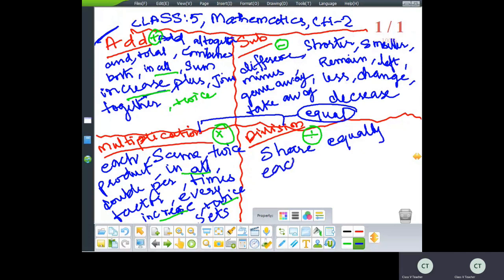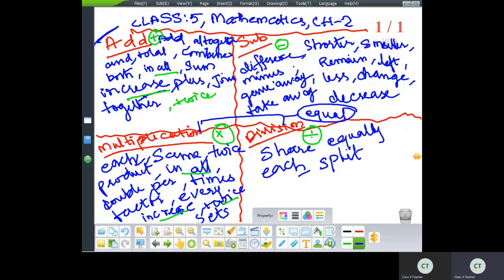Each. Share in multiplication and division. If you have difference, minus, gave away, taken away, less, change, decrease, that means you will do division. When the keywords are twice, increase, plus, join, in all, along with each, you will do multiplication.